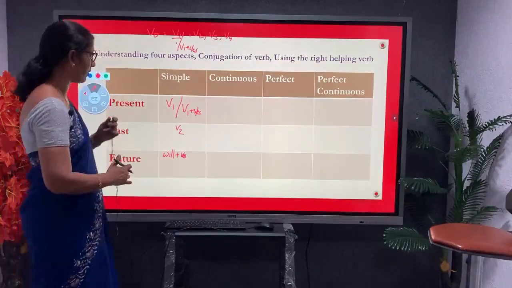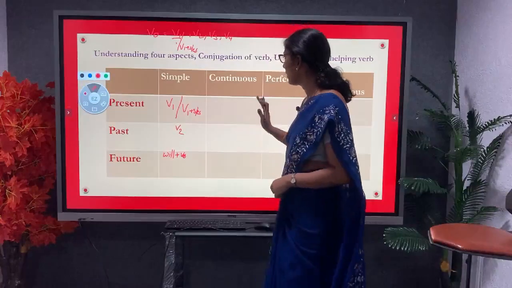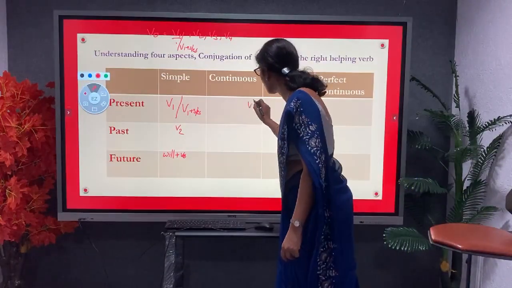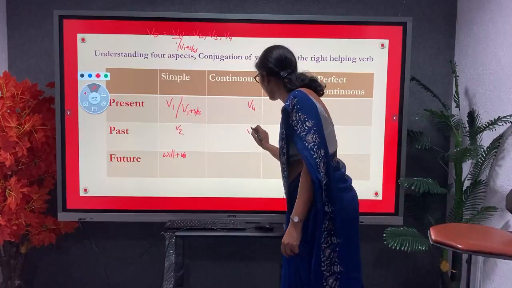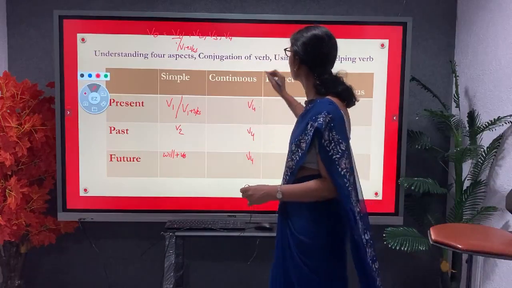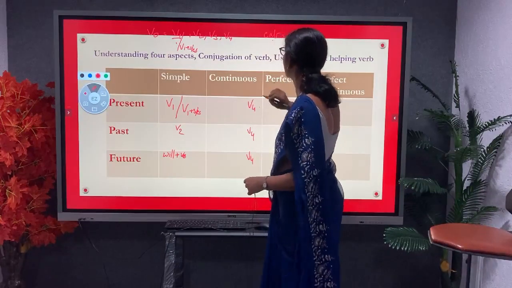Okay, V1 or V0, both are okay. Continuous: all continuous tenses will take the V fourth form. Let us take the verb eat. This is the base form.